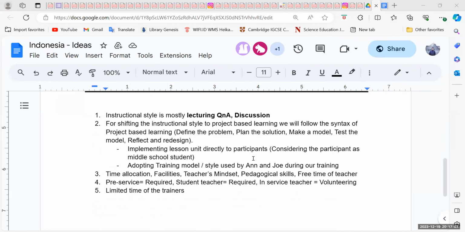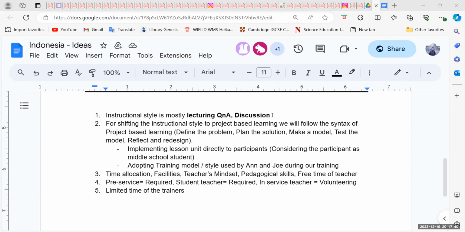The first one, the current instructional style mostly used by Indonesian teachers is lecturing, Q&A, and discussion. We have been introduced to project-based learning, problem-based learning, and inquiry-based learning, but because of the large amount of material teachers have to teach, they just want to finish the material, so they do not choose various instructional styles rather than just lecturing, Q&A, and discussion.